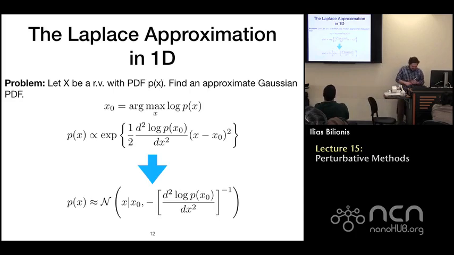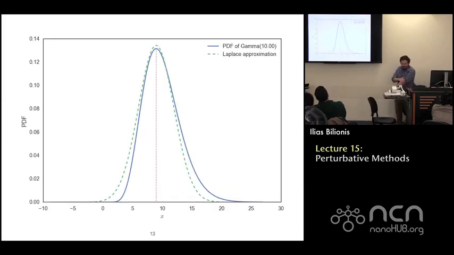Let's see how good this thing is. Okay, so here's how good it is. I'm approximating the blue PDF. It kind of looks like a Gaussian, but it's not really Gaussian. It's a gamma distribution, approximated with a Gaussian, which is the green one. All right, so if you notice the blue one is a little bit skewed, and this skewness cannot be captured by the Gaussian.